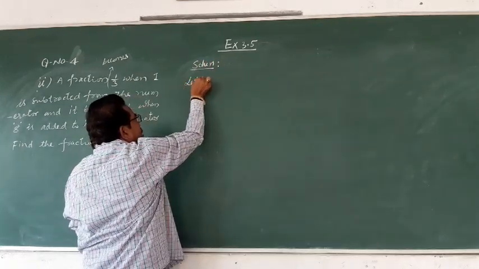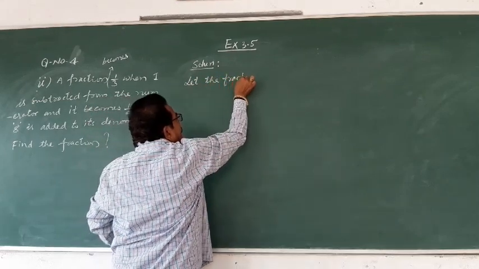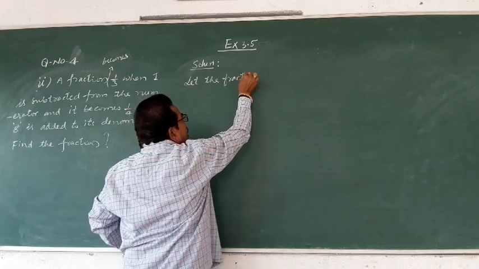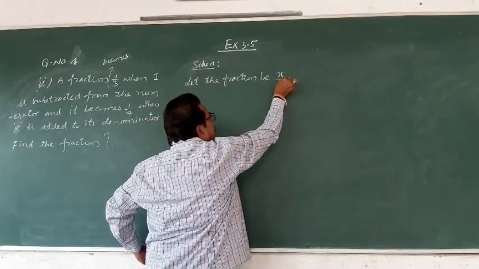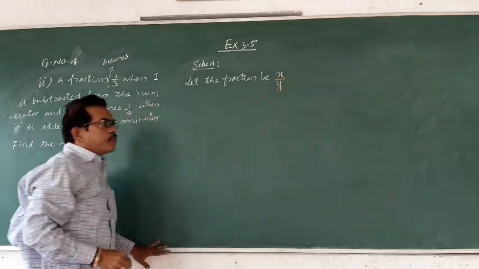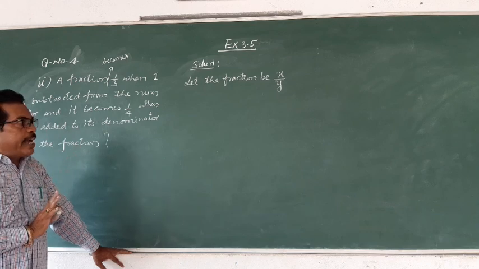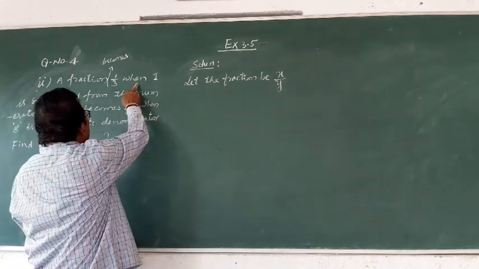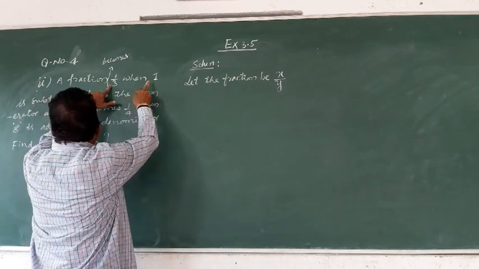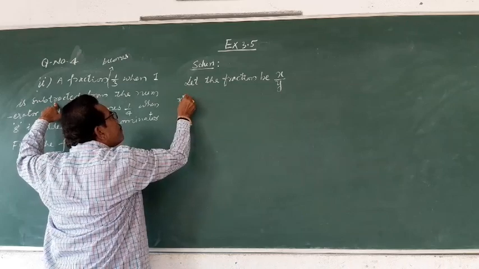Let the fraction be x by y. When 1 is subtracted from the numerator, the fraction becomes 1 by 3.